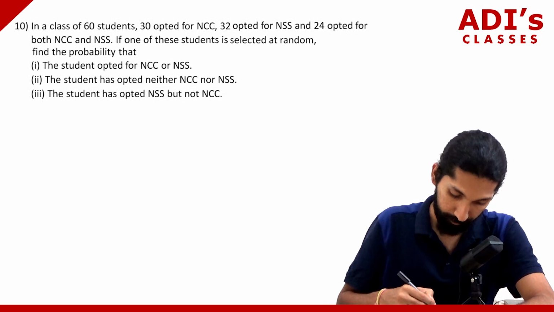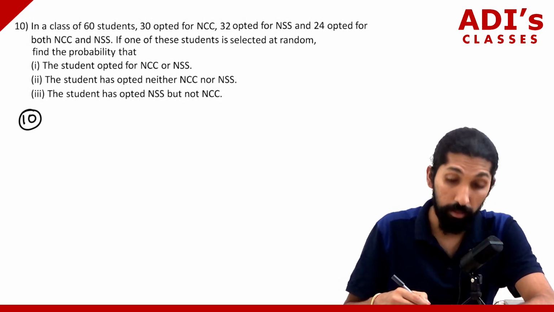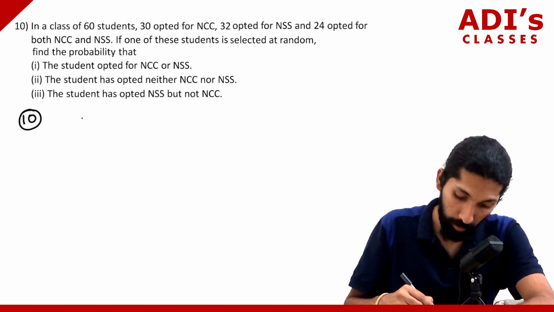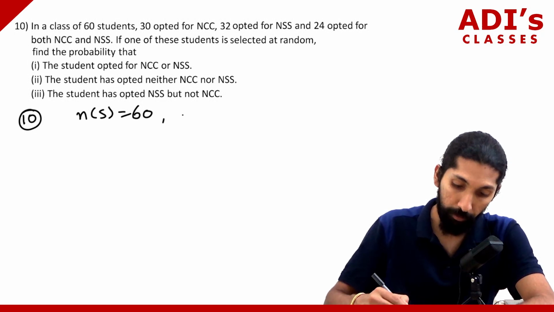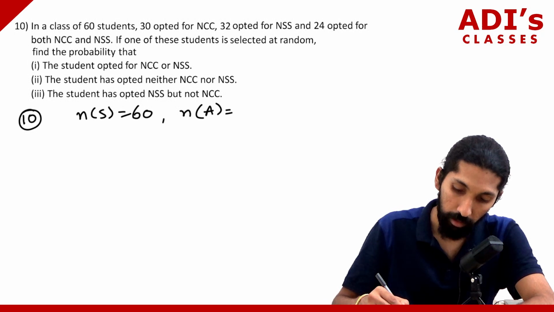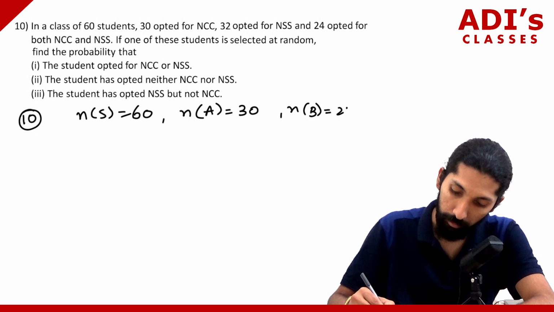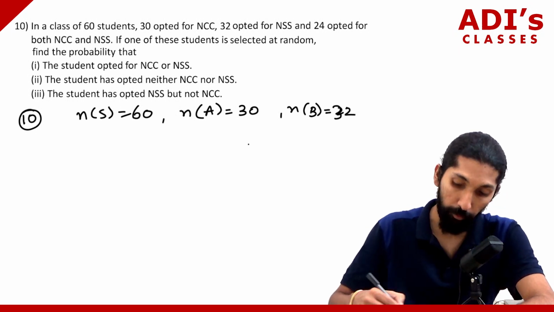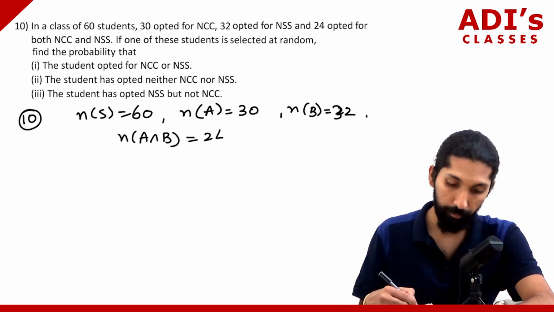Now let's do the 10th one. In a class of 60, so sample we have n of S is equal to 60. 30 opted for NCC, so we can say n of A is 30, and NSS is 32. 24 opted for both, so n of A intersection B is equal to 24.